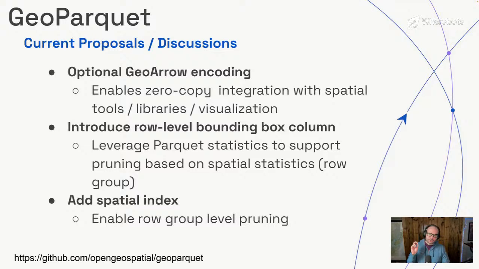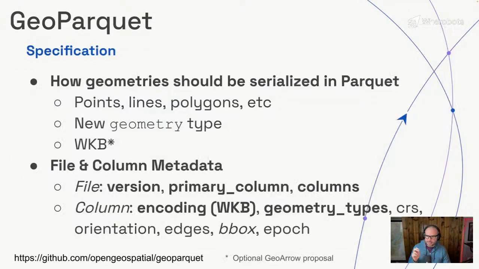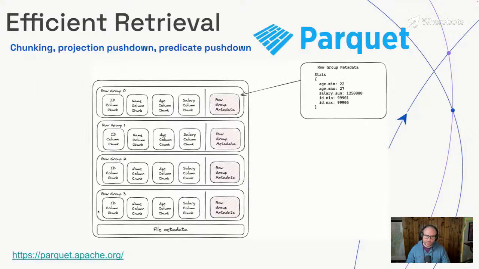But could there be a way for us to prune data at the row group level? So if we go back to our example here, if we added something like a minimum bounding rectangle or bounding box column to our data, that would then get picked up in the row group statistics, which would then enable GeoParquet readers to prune and exclude row groups based on the geometry.